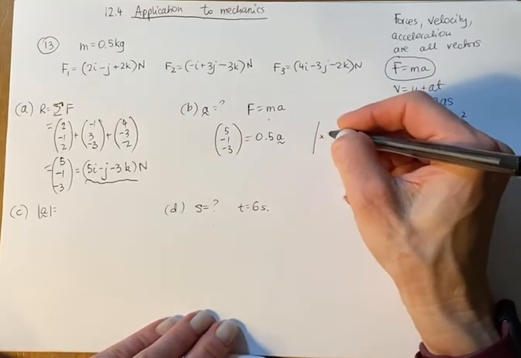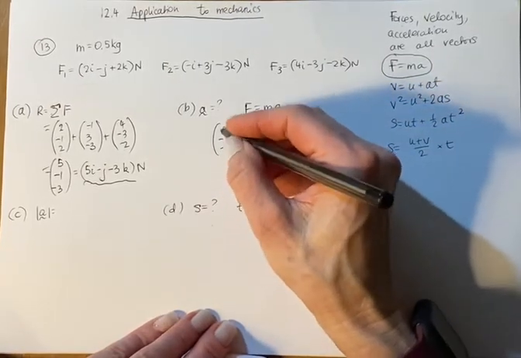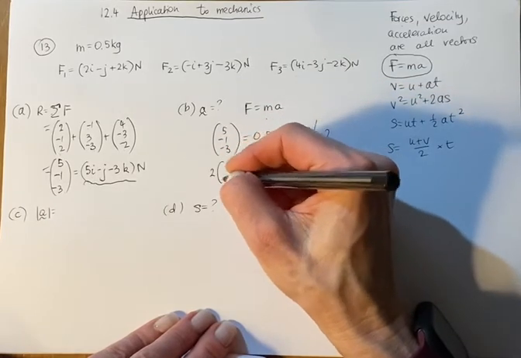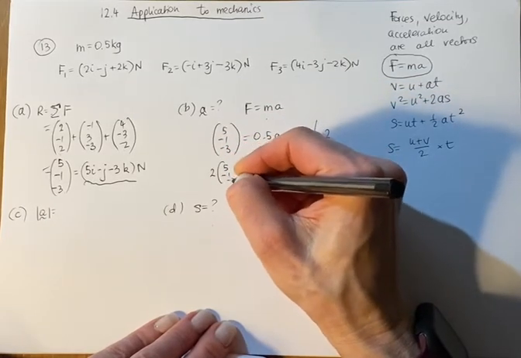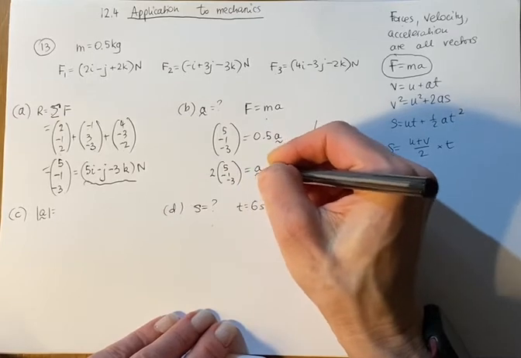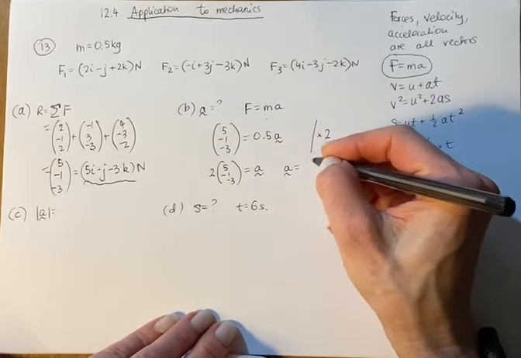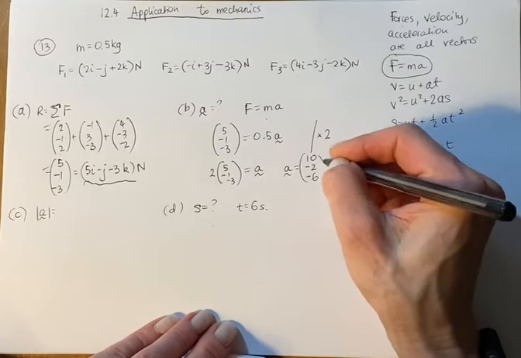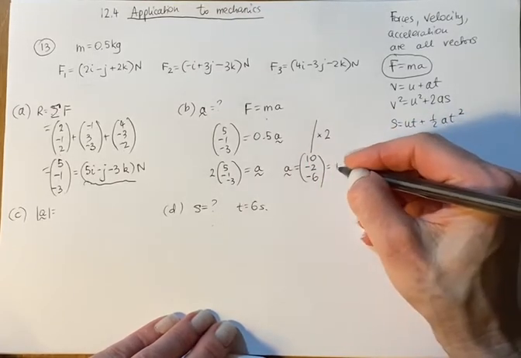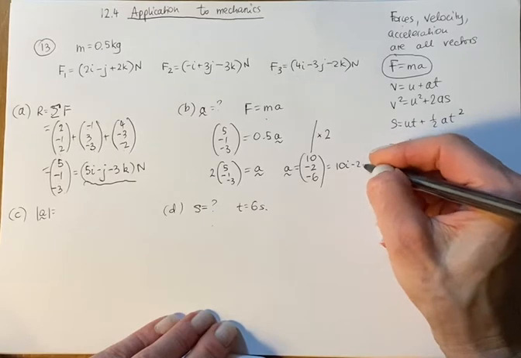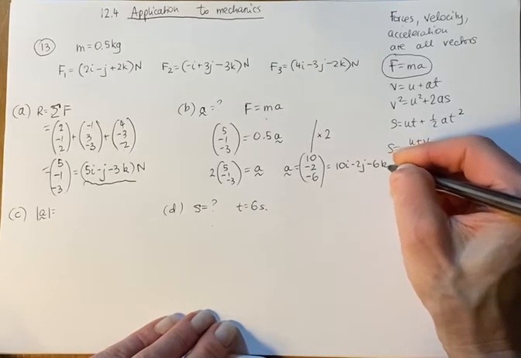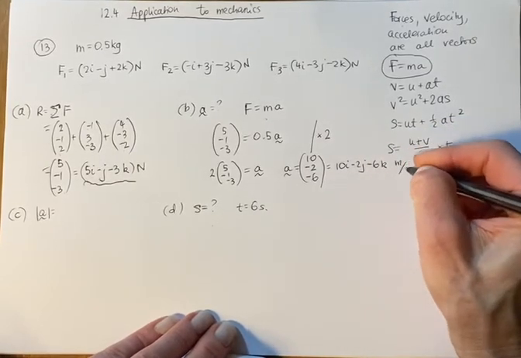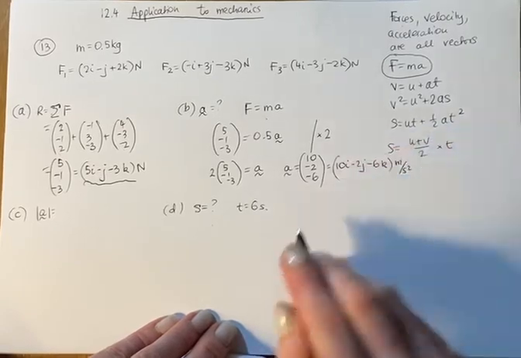So if you multiply everything by 2, you get 2 lots of this force. There you go. So acceleration is equal to 10, minus 2, minus 6, or in ijk notation, 10i minus 2j minus 6k meters per second squared.